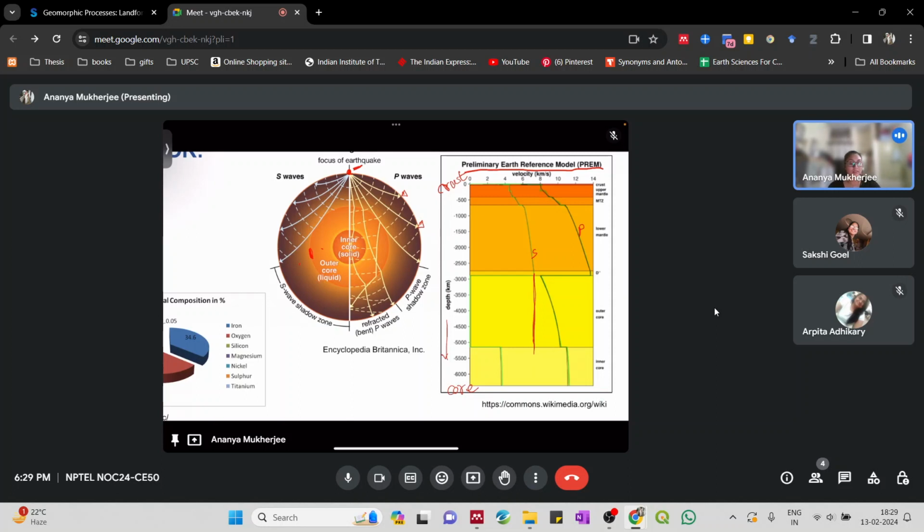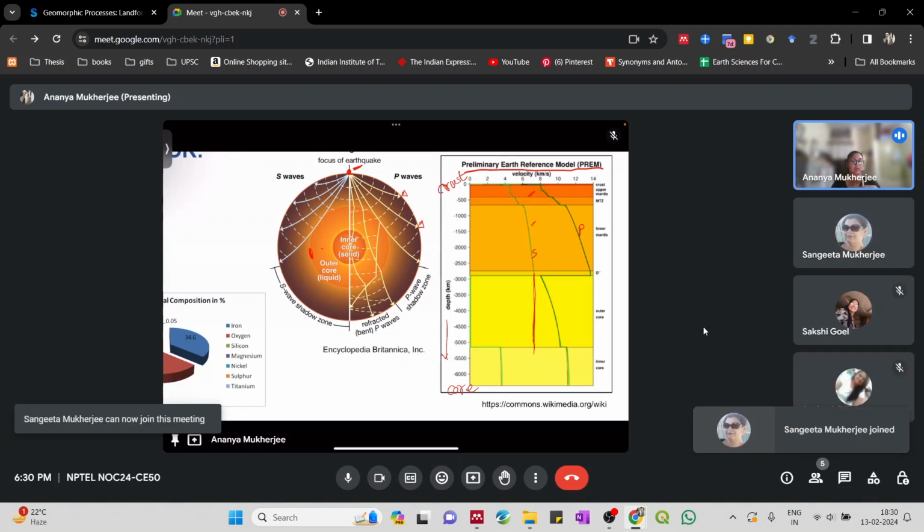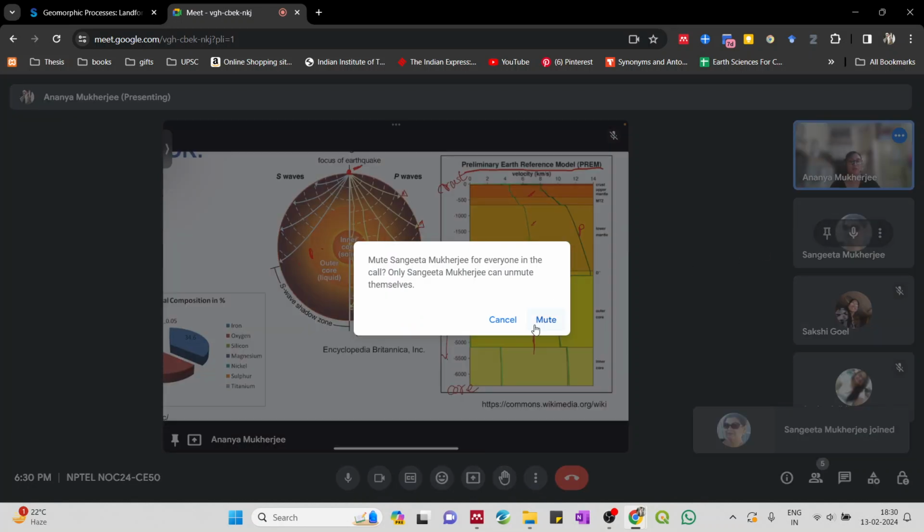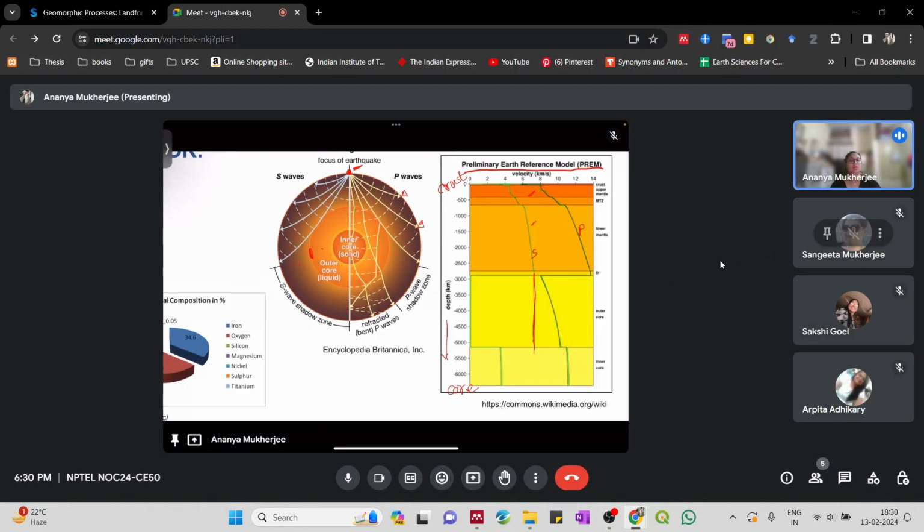There is a difference in the velocity between your upper mantle part and the lower mantle part. Since the mantle is not completely liquid, we can say that the S waves can pass through the mantle itself, but they will not pass through the outer core.